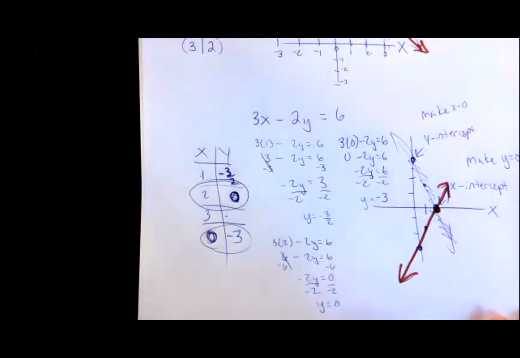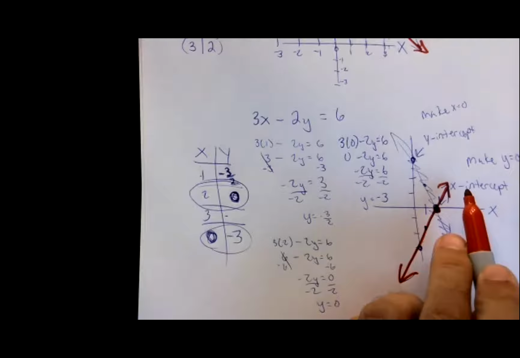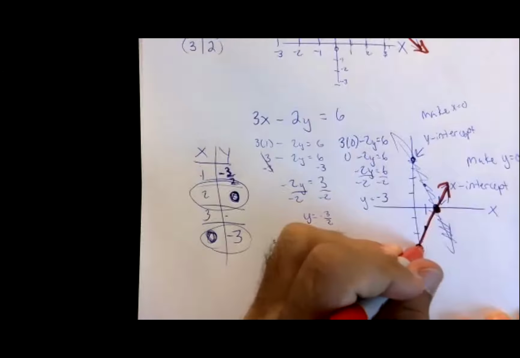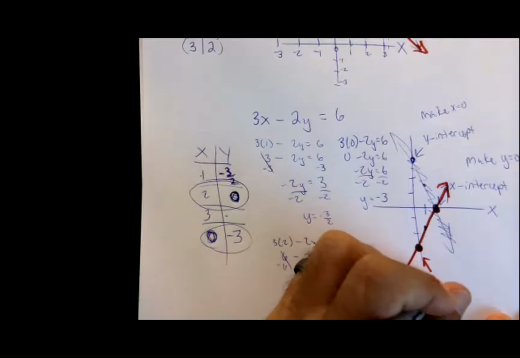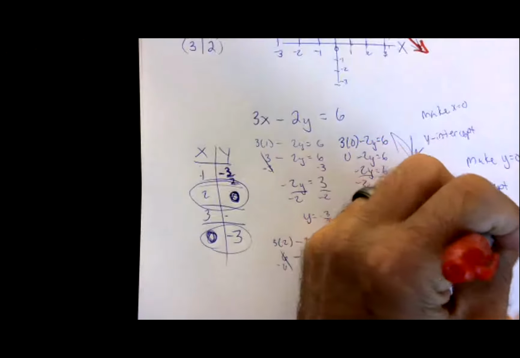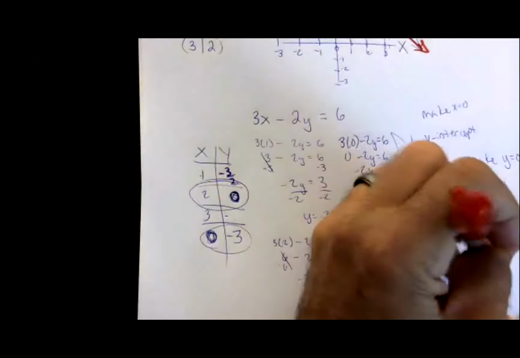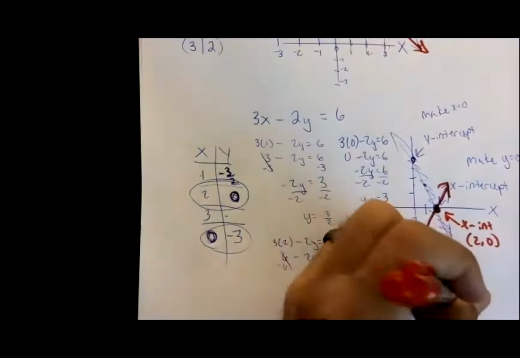And again, this point where you cross the x-axis is your x-intercept. This point where you cross the y-axis is your y-intercept. So this is the point 2, 0. This is the point 0, negative 3.